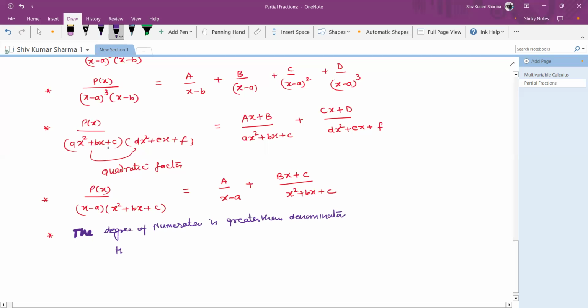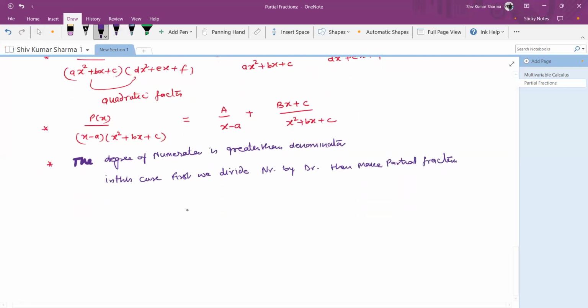In this case, first we divide the numerator by the denominator, then make the partial fraction. Okay, so we take one question related to the above formula.